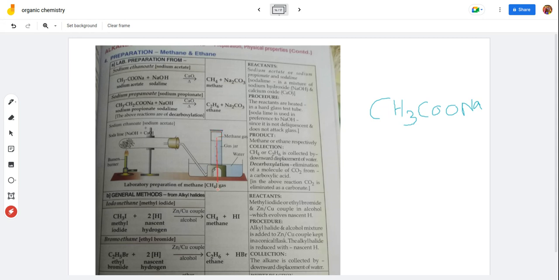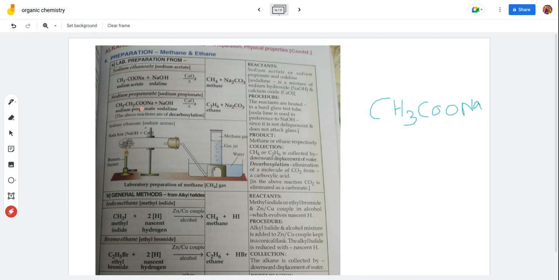It displaces the water down and is collected by downward displacement of water. Otherwise this is also known as decarboxylation, because see here, Na2CO3: carbon dioxide is eliminated as a carbonate. So it's also known as decarboxylation.